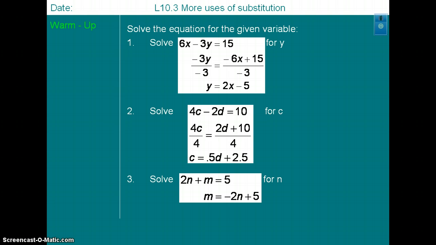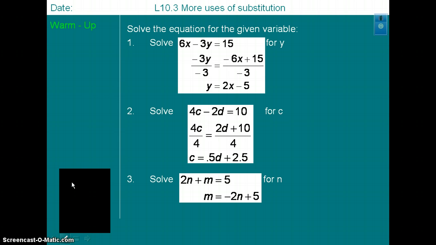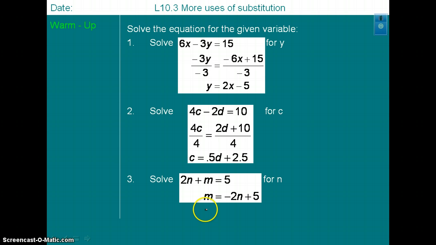If we solved for n as it originally directed, hopefully you would have come up with something that looked like n equals negative 0.5m plus 2.5.